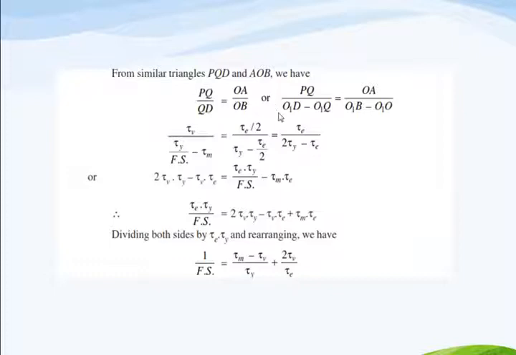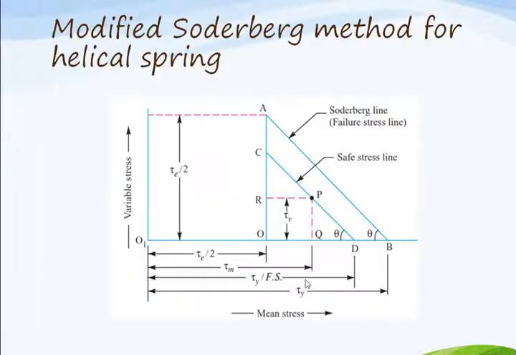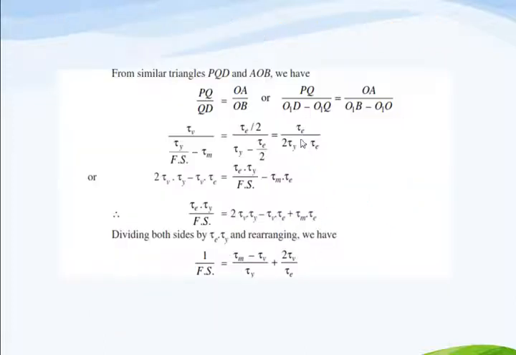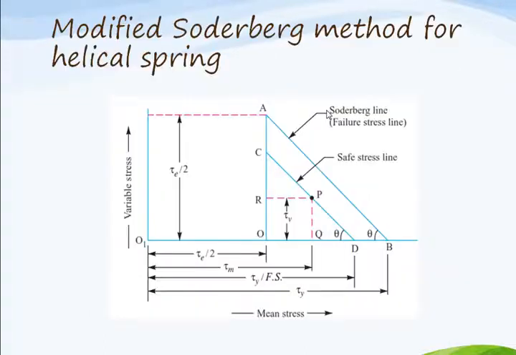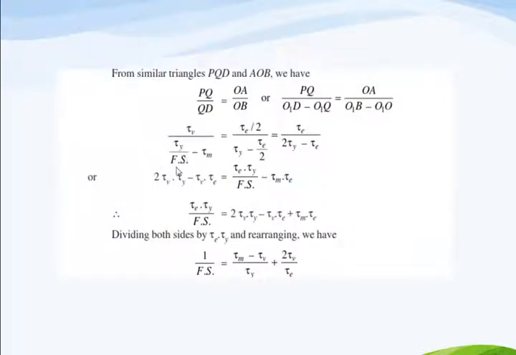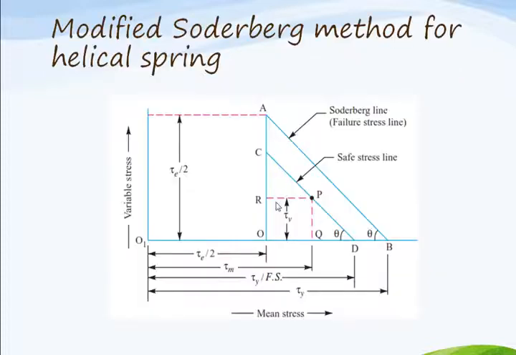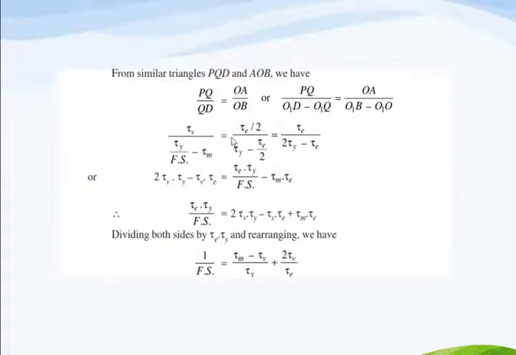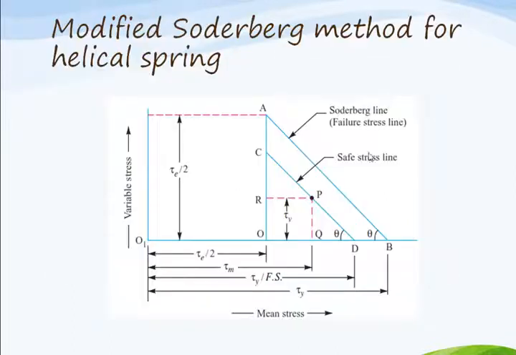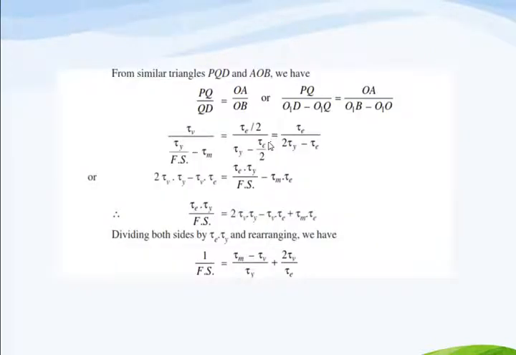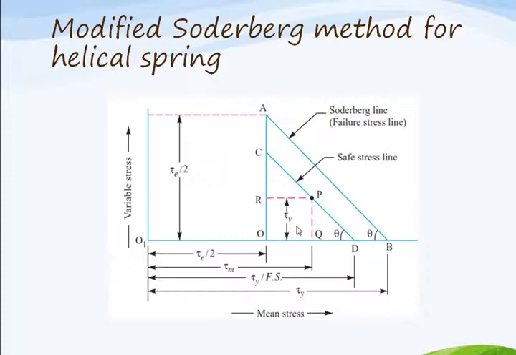QD is equal to O dash D minus O dash Q, where O dash D is tau y by FOS and O dash Q is tau m. PQ is equal to tau v, the variable stress, and OA is equal to tau e by 2.